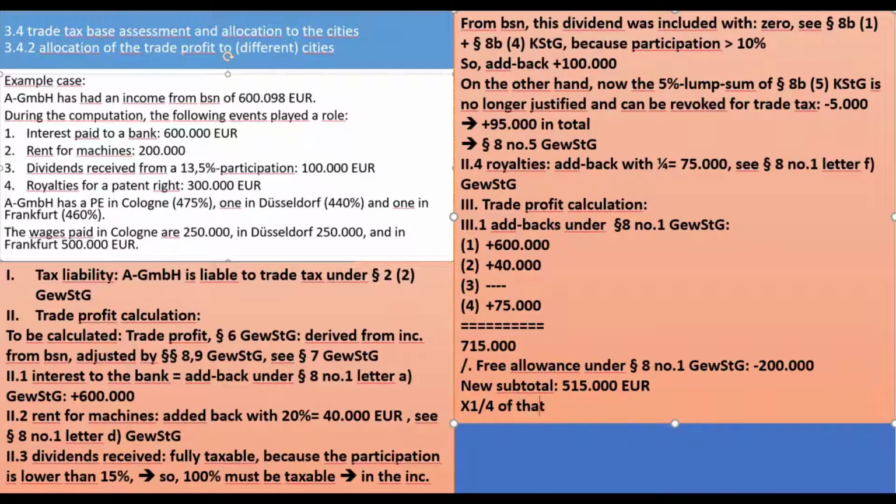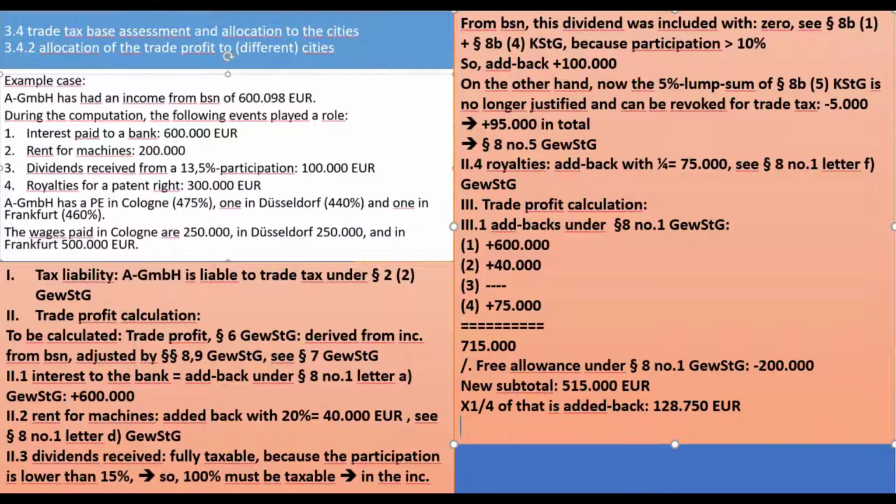1/4 of that is added back, and so let's take refuge to the calculator again, and the calculator says this is 128,750 euro. Good. So what comes next? Well, the final trade profit calculation.